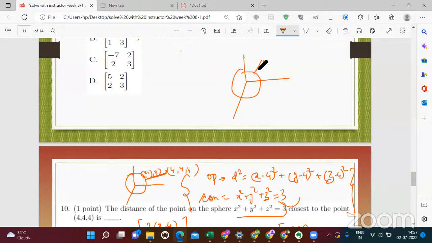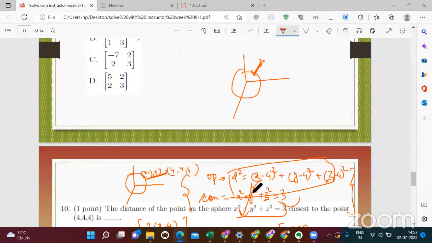So generally we need to minimize this thing only. If we have to minimize this equation, you can just do partial differentiation. With the partial differentiation, I need to minimize this equation and satisfy this problem.